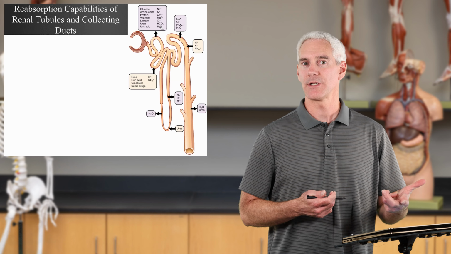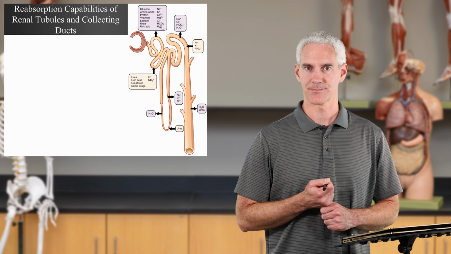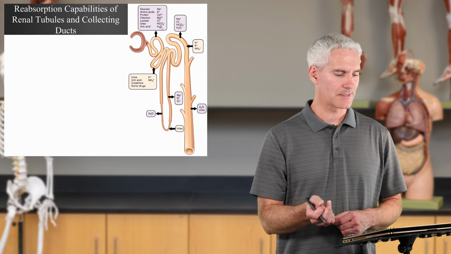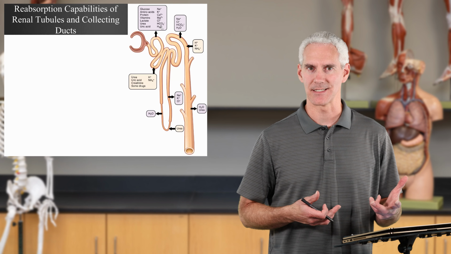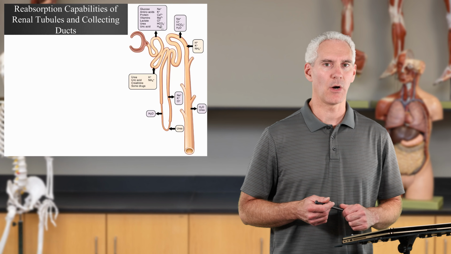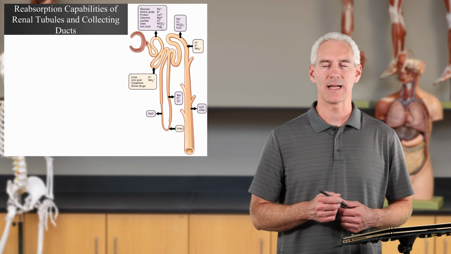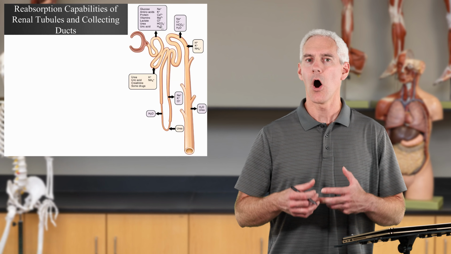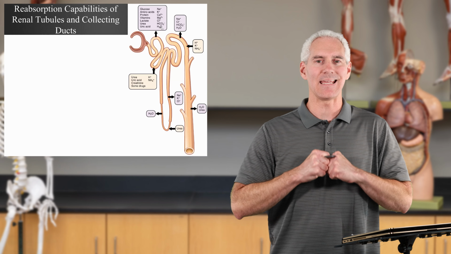That reabsorption is going back into the blood, back into the capillaries. And there are quite a few things here: glucose, amino acids, proteins, vitamins, lactate, urea, uric acid, as well as sodium, potassium, calcium, magnesium, chloride, bicarbonate, water. All of that is being reabsorbed back into the bloodstream.